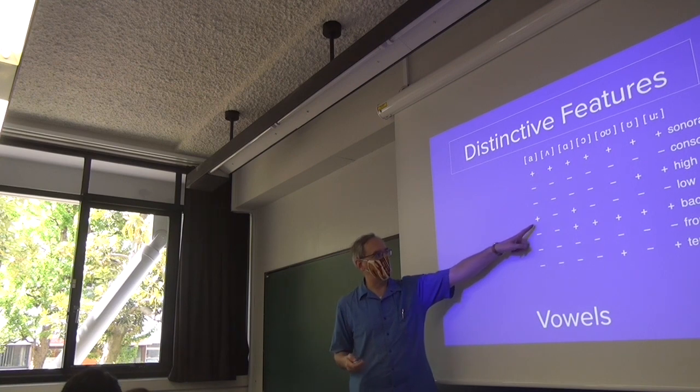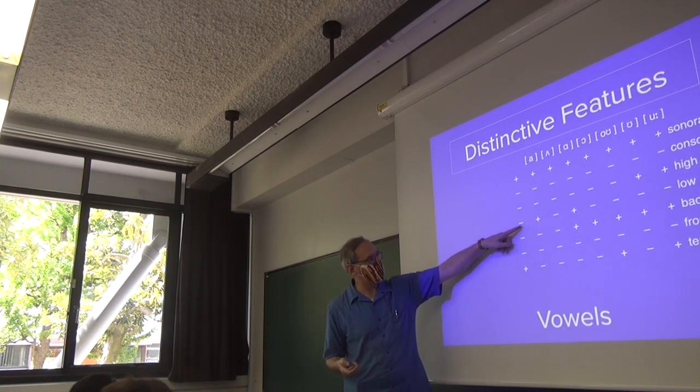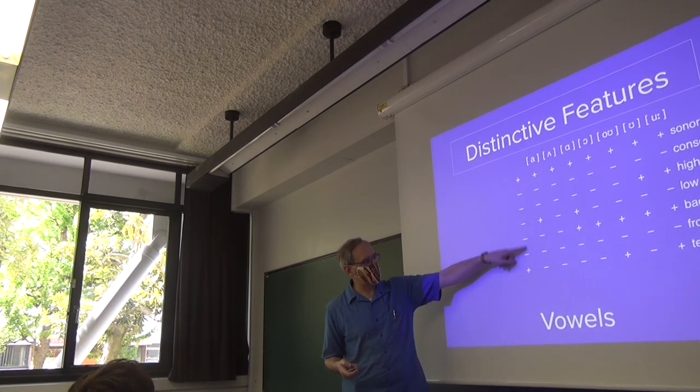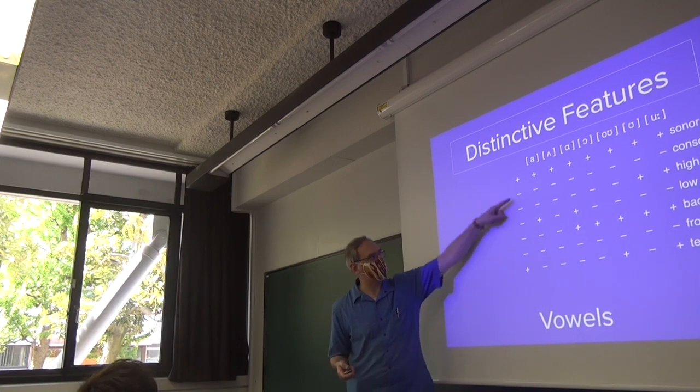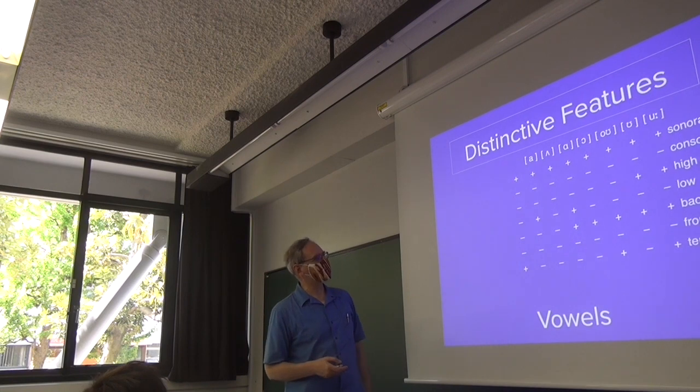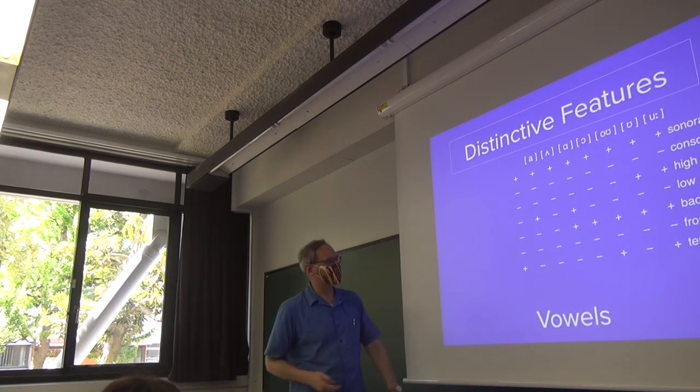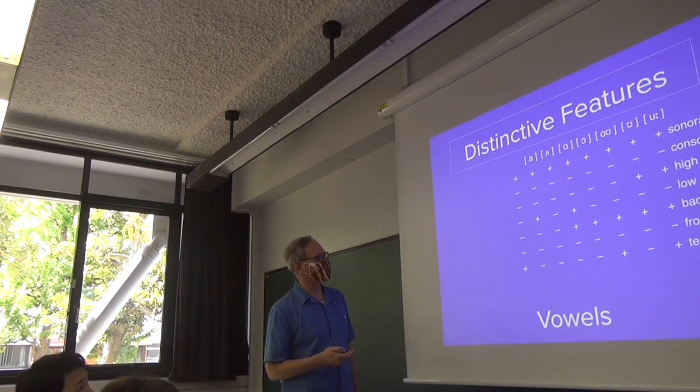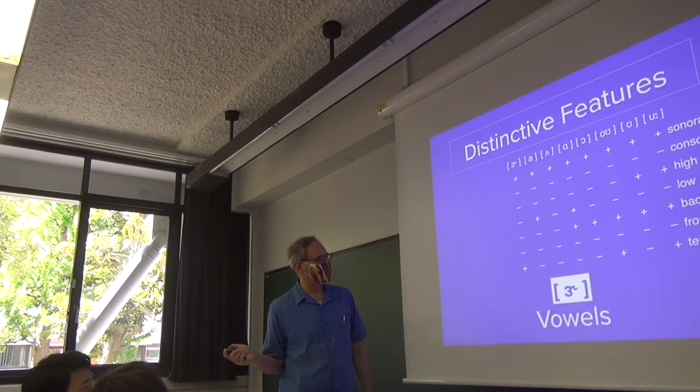Now we switch the low back to minus, and this time I add the feature tense. Right? So it's minus, minus, minus, minus, minus, tense. Huh? Wait, what? Have I made a mistake? That's a mistake. Sorry. Hold on.